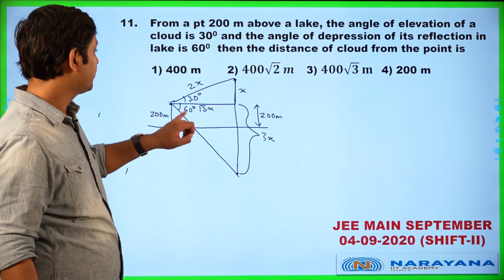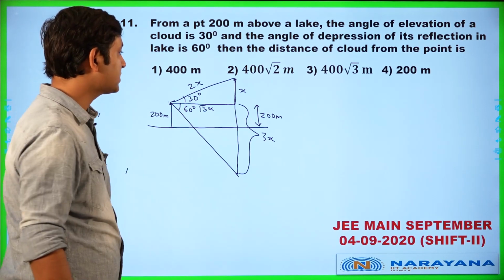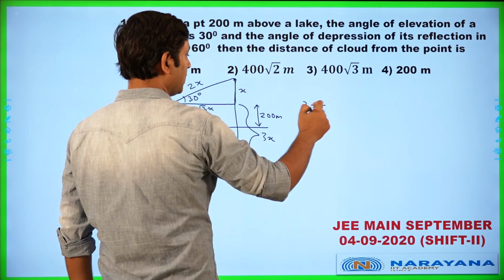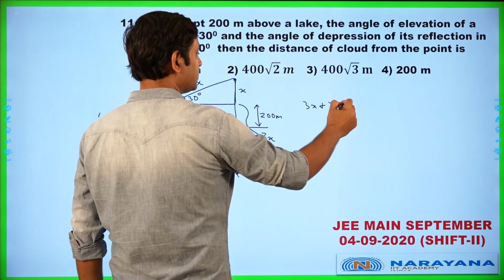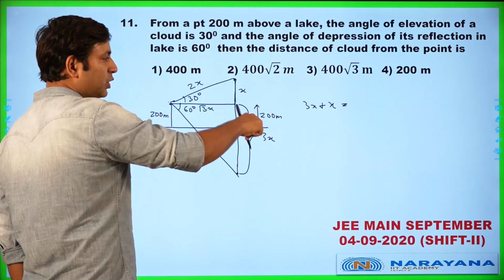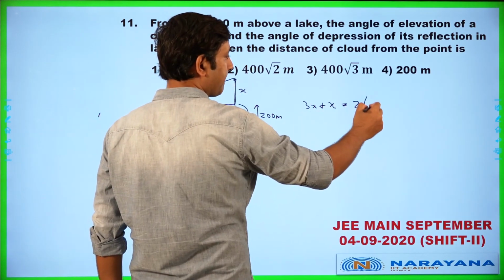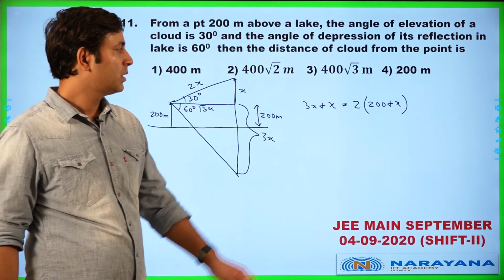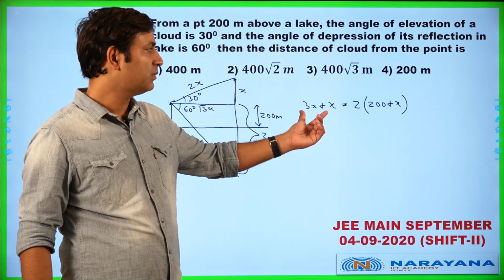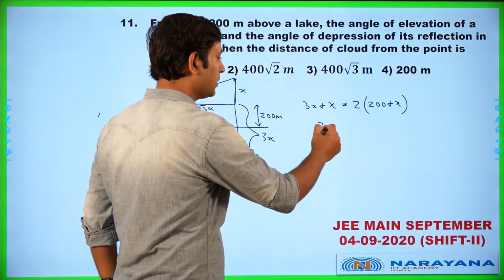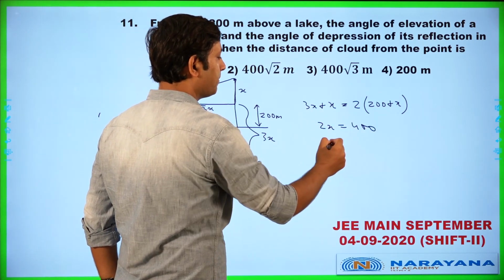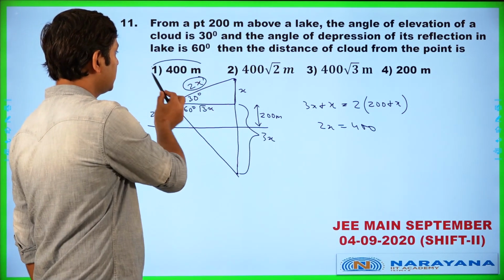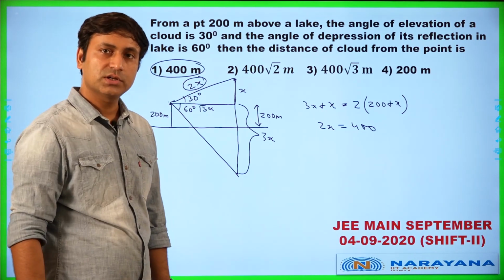So, we note that 3x plus x, which is 4x, is the same as twice of 200 plus x. From here, we can very easily find 2x is 400, and 2x is the distance required. We will mark that option. We will move on to the next question.